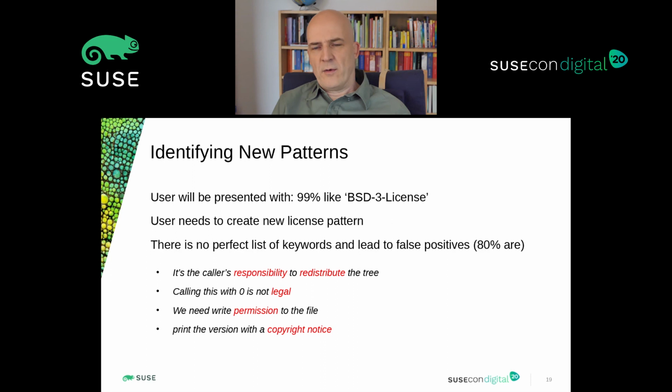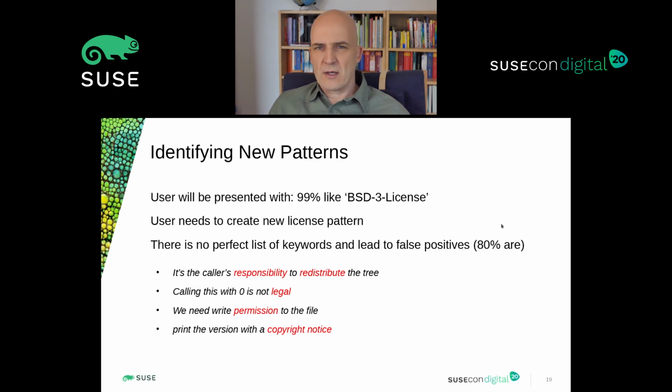So with the list of keywords that we found to identify new licenses, we have a lot of false positives, comments for example that talk about API documentation and say it's the caller's responsibility to redistribute the tree, which is using the same words as licenses, but it's clearly not a license.